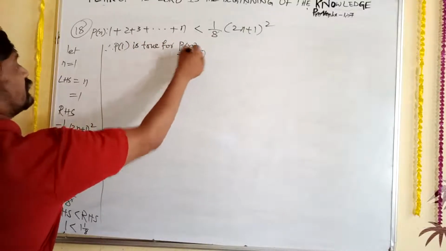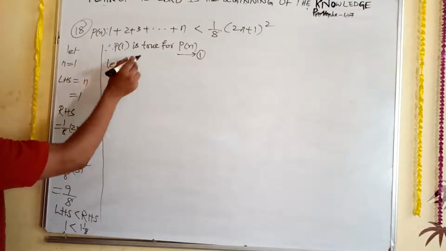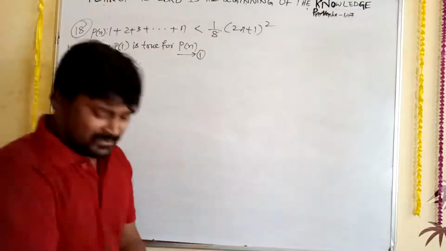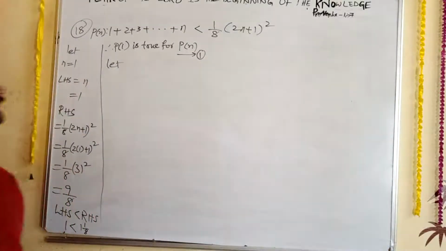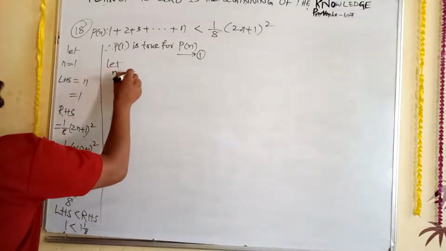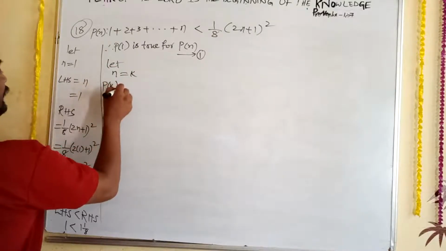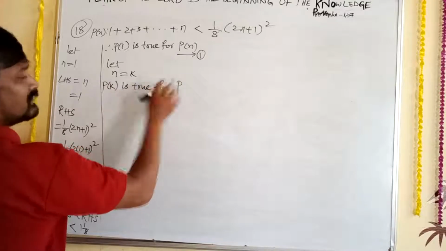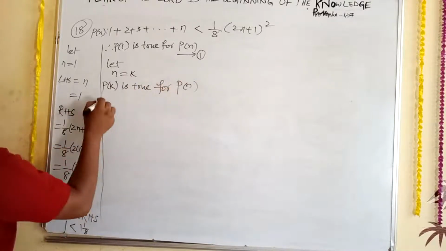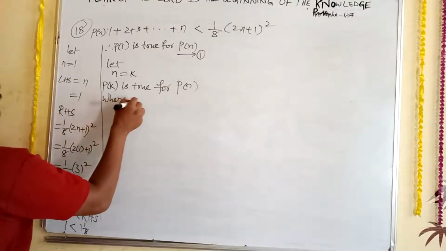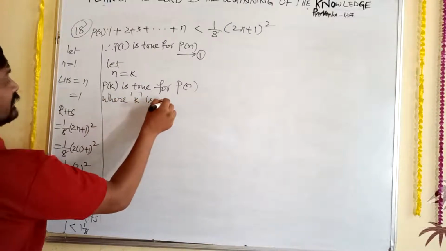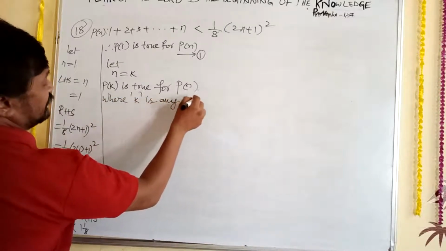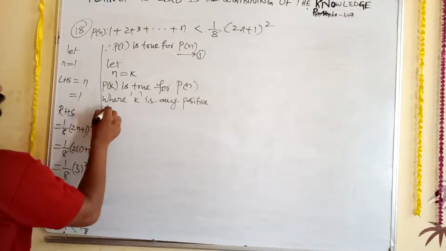This gives us equation number 1. Whether it is less than or greater than, it will be the same method only, no changes. Let n is equal to k, P of k is true for P of n, where k is any positive integer.